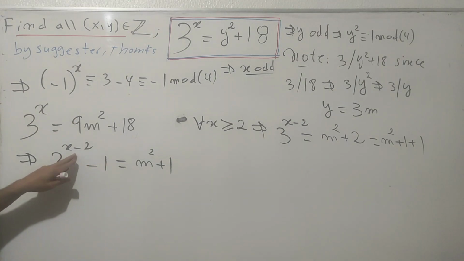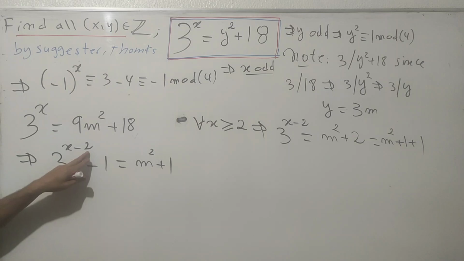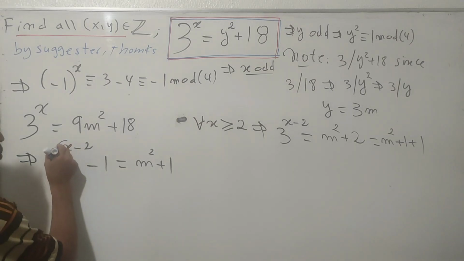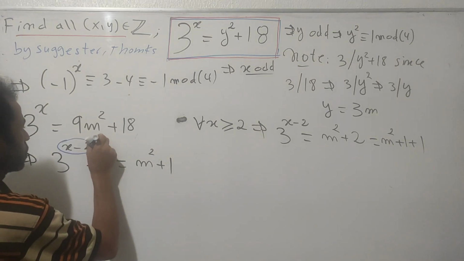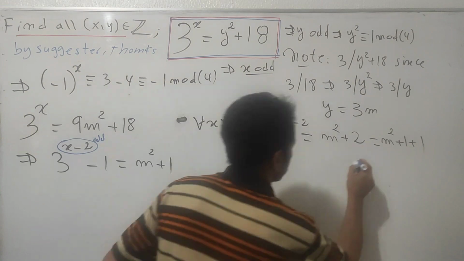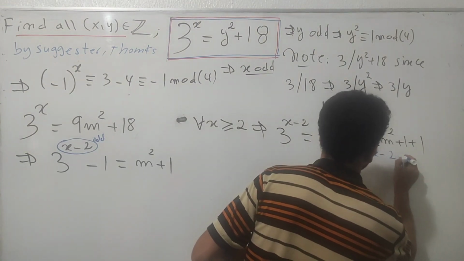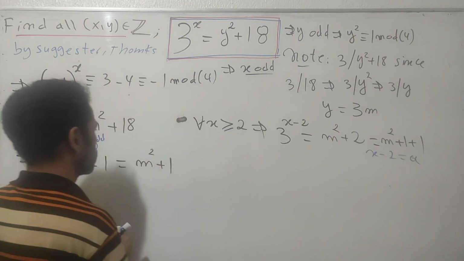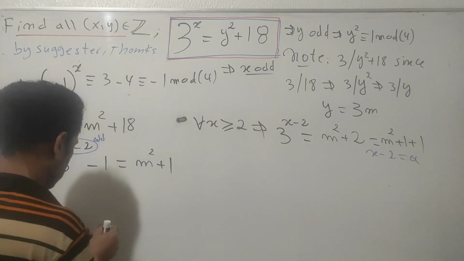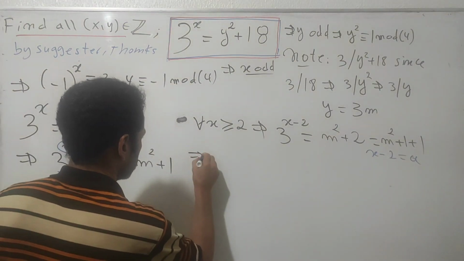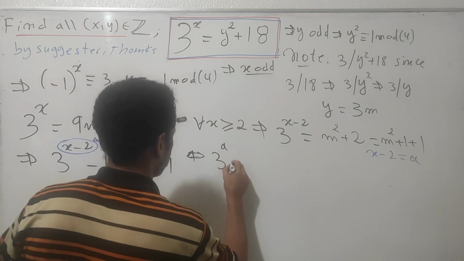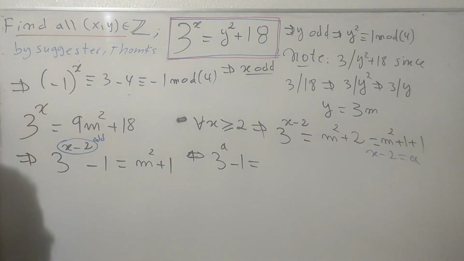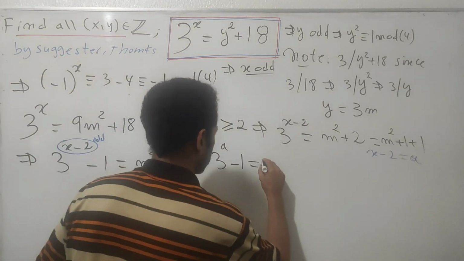Since x is odd, when you subtract 2, the parity is not going to change. You will have the same parity, which means this exponent must be odd. So let's replace x minus 2 with a. I get here 3 to the a, which is odd, minus 1. Let's factor it in the form of a product.